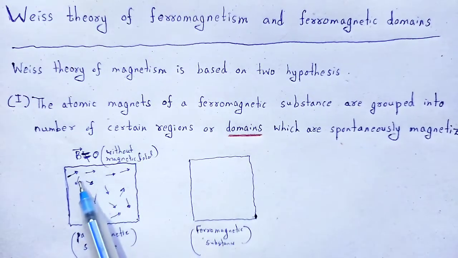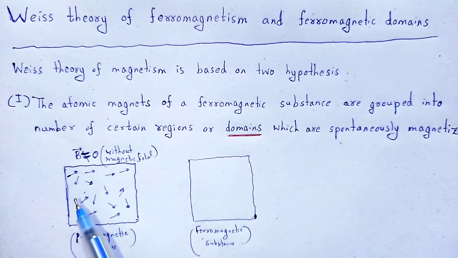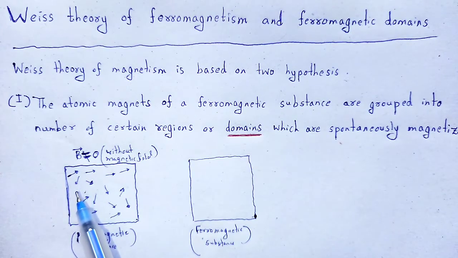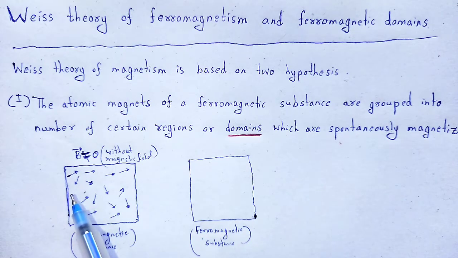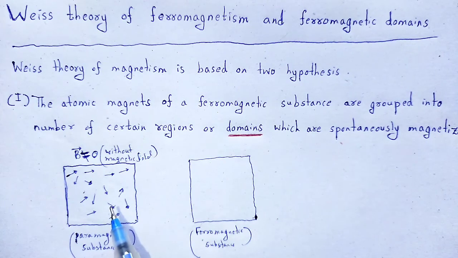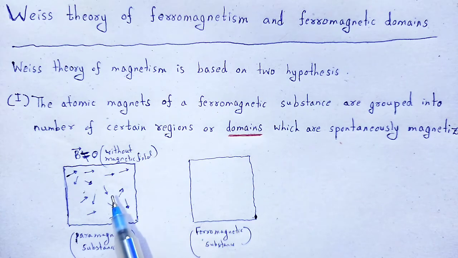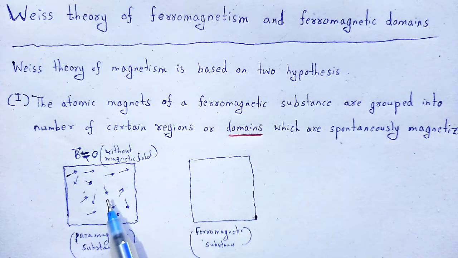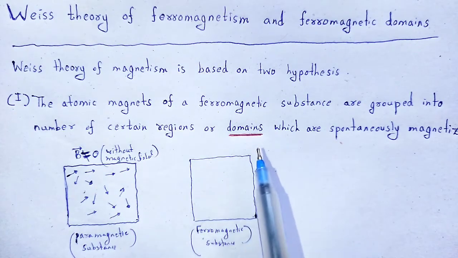As we said, the magnetic moments of individual atoms are coupled to the neighboring magnetic moments very strongly through exchange interactions, and a large number of magnetic dipoles get aligned in the same direction. From this we get a large number of small effective regions, and these small effective regions are nothing but domains.